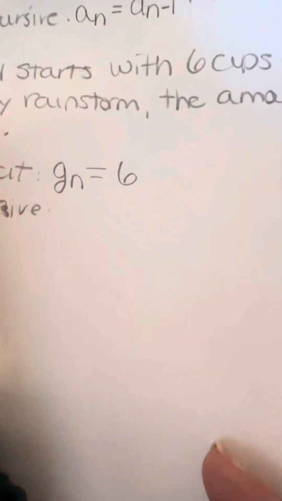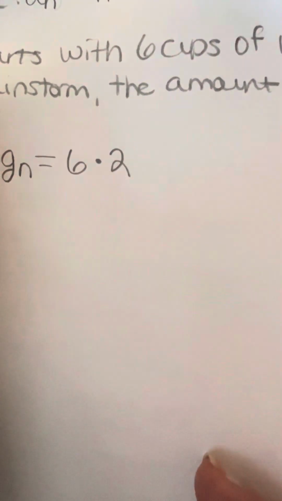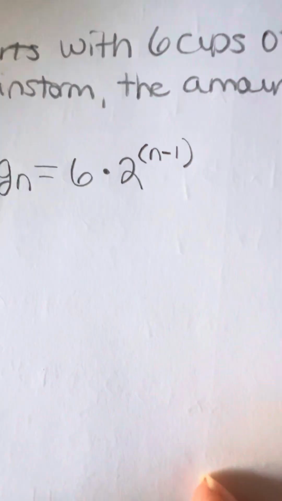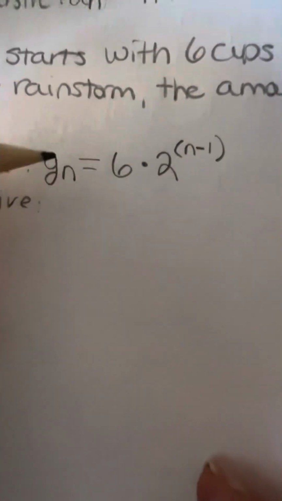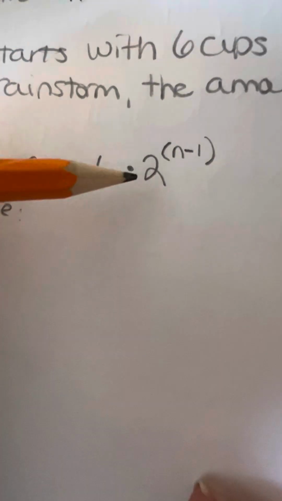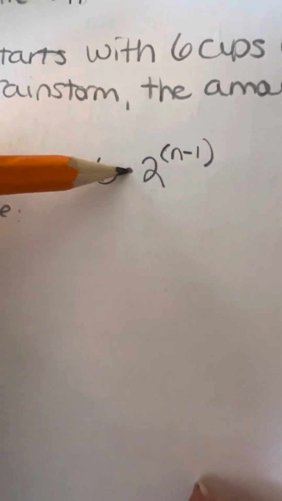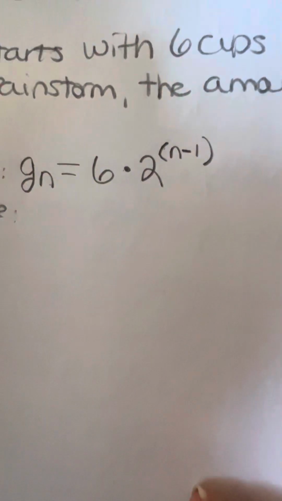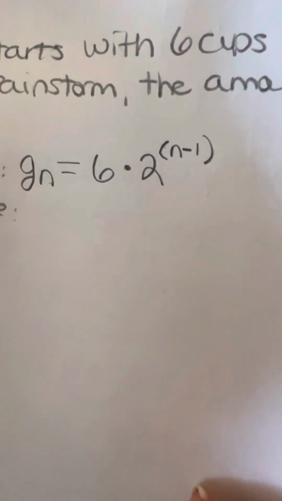And then it's going to be equal to what we started with, 6, times 2 because it's doubling, and then in parentheses, as an exponent, n minus 1. So if I was looking for 100, it would be 100 minus 1, which is 99. So I would do 2 to the 99th power, and then multiply it by what I started with, and I'd get how many cups of water would be in that barrel.